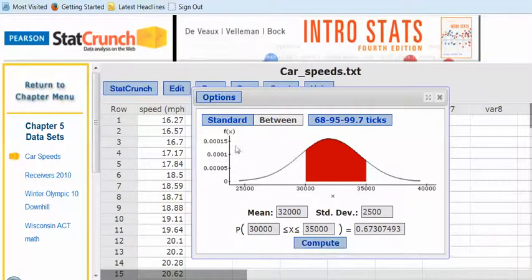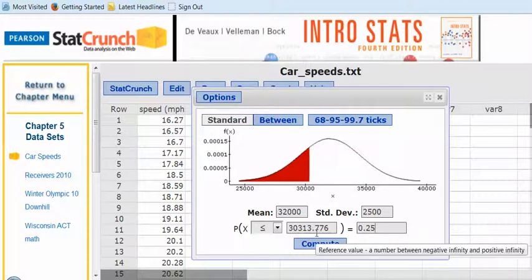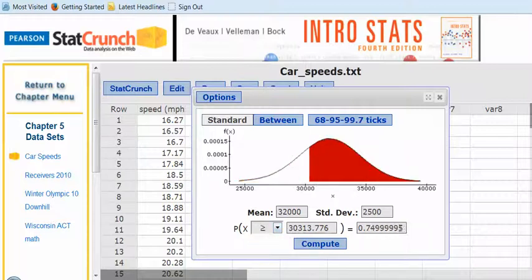So what I'm going to do is go back over here on the standard one, and let's find the lower 25% because that will tell us. So here's Q1. It's basically 30,314. Okay, and then Q3 is going to be on this side up here, so we want to go greater than, and we want this here to be 0.25. Okay, so that's how you would compute your Q1 and Q3 and get the IQR.